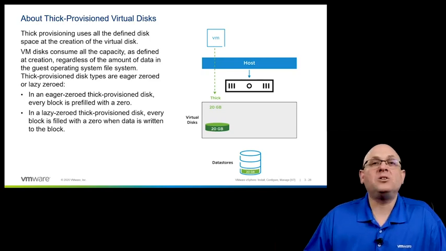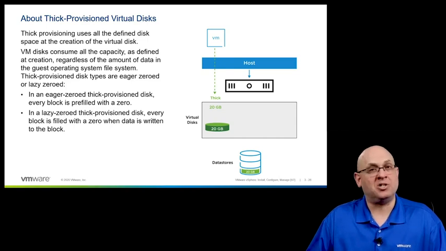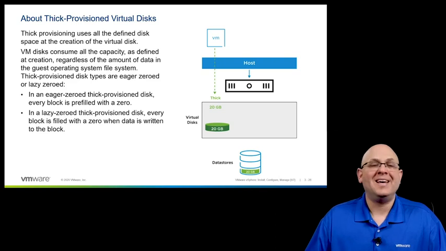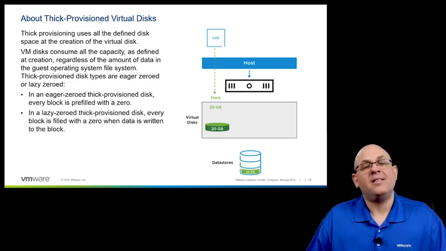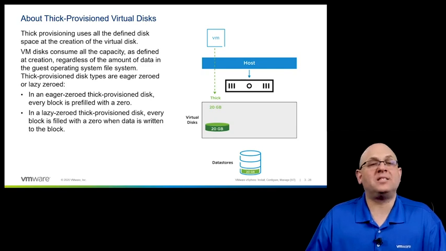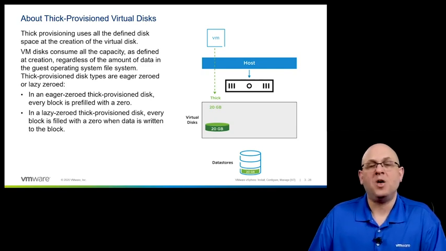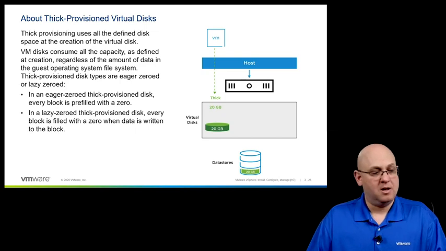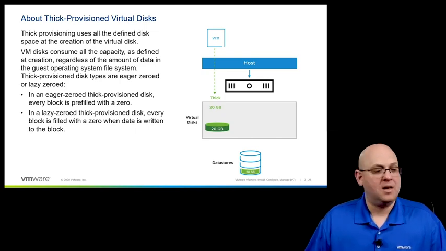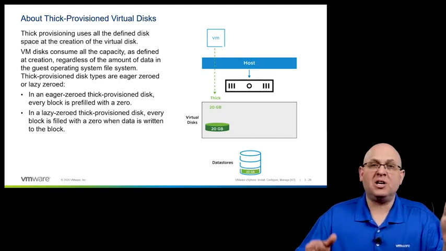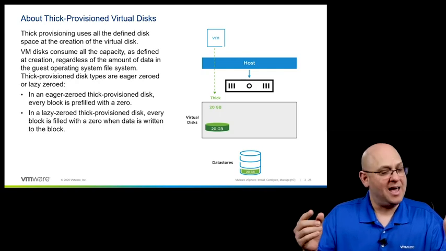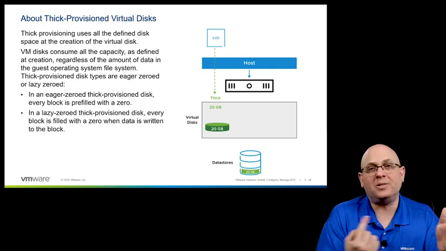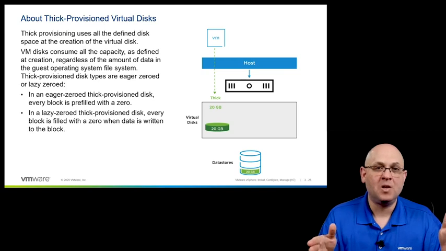Now there are two types of thick provision disks that we can have within vSphere. The first one is an eager zeroed thick provision disk. Think about this like a hard drive that is fully formatted. We'll create a virtual disk, create the start partition, create the end partition, and fill the entire virtual disk with zeros.